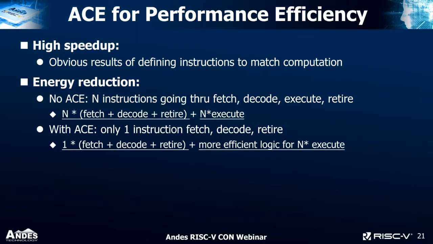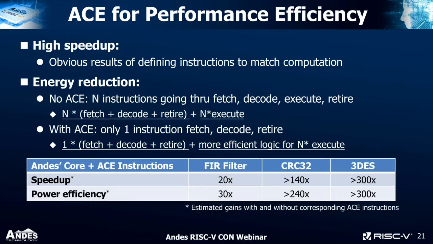Basically, it could work really fast and give you more chance to go to sleep or low power mode, if that's your user mode. The speedups we typically want to see are at least 20 to 30 times. For CRC and triple DES operations, we actually see hundreds of times speedup.